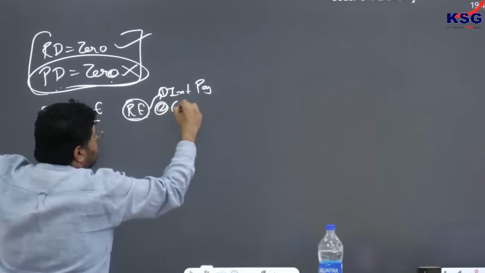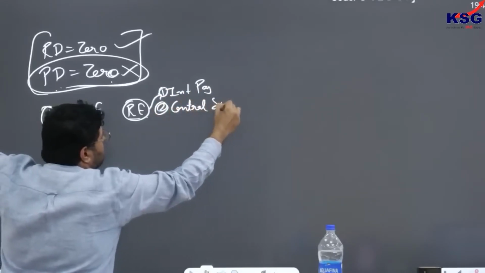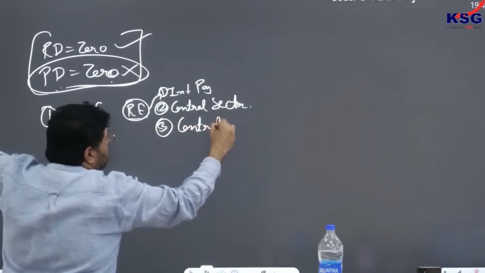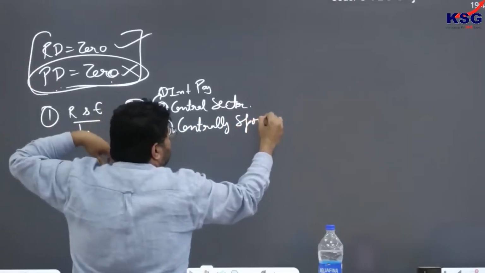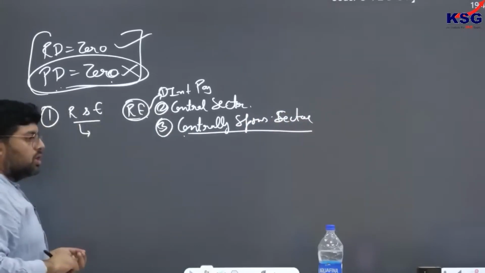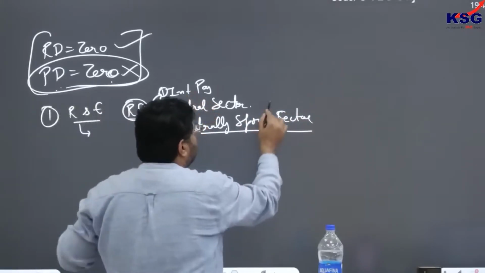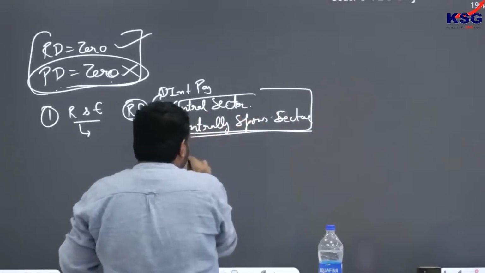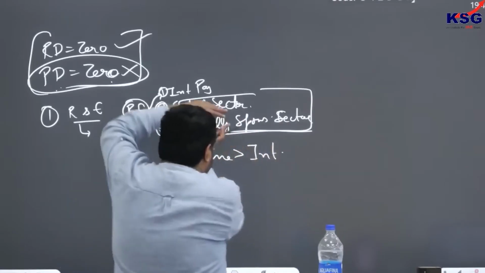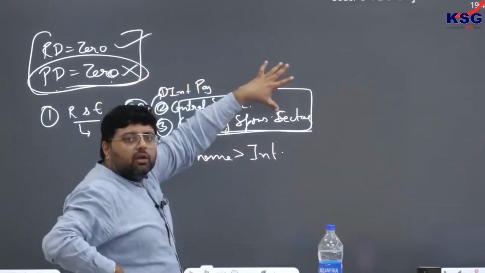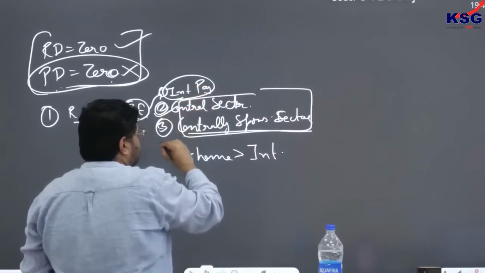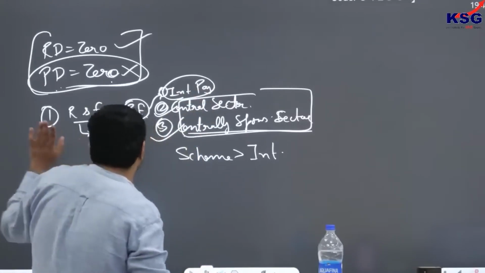Number 2, it is central sector schemes. And number 3, centrally sponsored schemes. So in this way we are spending on revenue expenditure. If they ask you about overall schemes, if we club these schemes together, then you will say that expenditure on schemes is more than interest payment. Otherwise, if I break these down, as given in your budget also, interest payment has the maximum expenditure, then central sector schemes, and then centrally sponsored schemes. So this is what you have to remember.